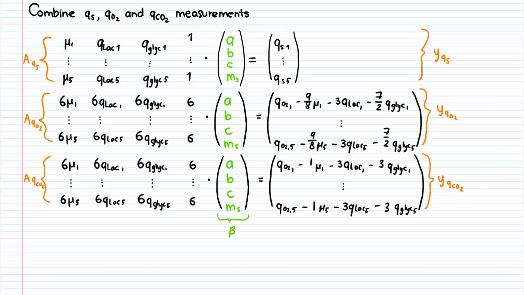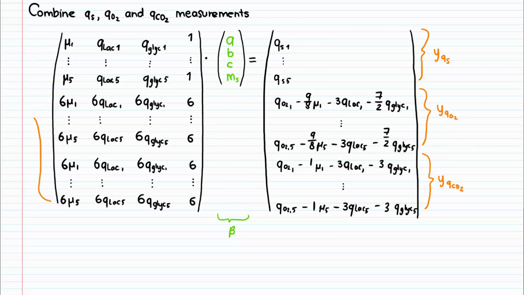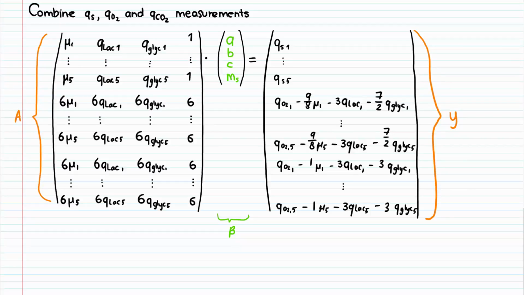We can combine them by stacking the A matrices into one matrix, as well as the Y vectors. This way we obtain one matrix system. Now we can estimate the Herbert Pirt parameters taking substrate, oxygen and carbon dioxide data into account by calculating beta.